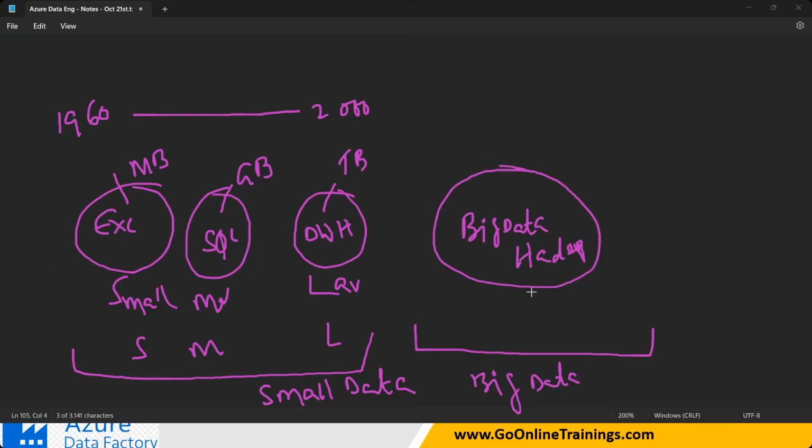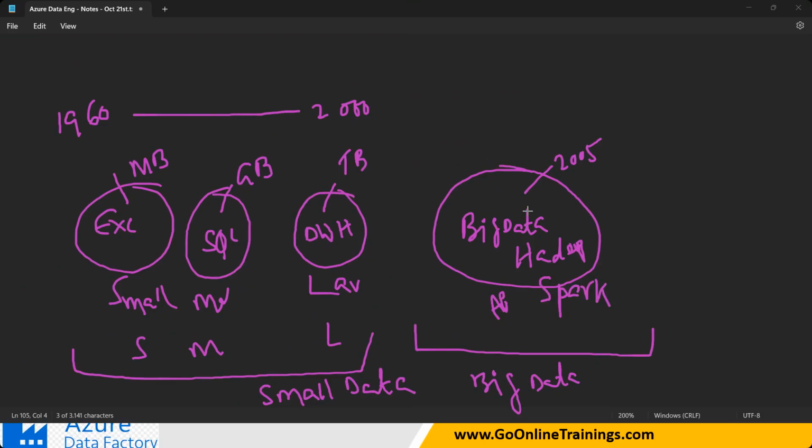Big data initially started in year 2005 by Apache Software Foundation. Today, Spark is released, Apache Spark, or you can say Spark. Apache Spark is more powerful and more dominant and easier, right? So you can work with Apache Spark to handle large amounts of data.